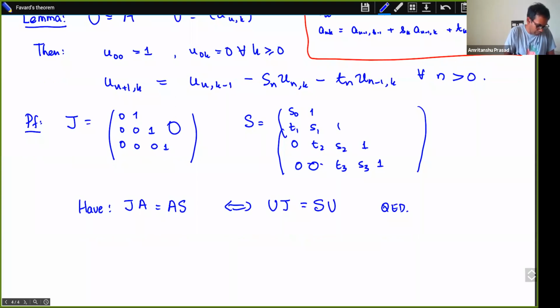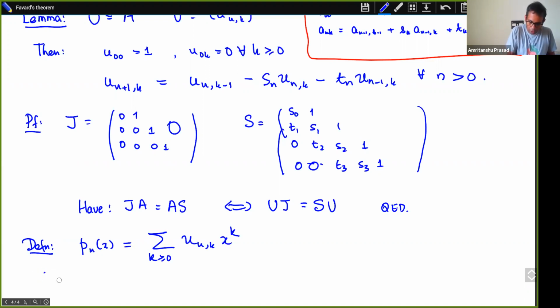Anyway, now we can define what will become orthogonal polynomial sequences. Let P_n(x) equal the summation over k greater than or equal to 0 of u_nk x to the power k.